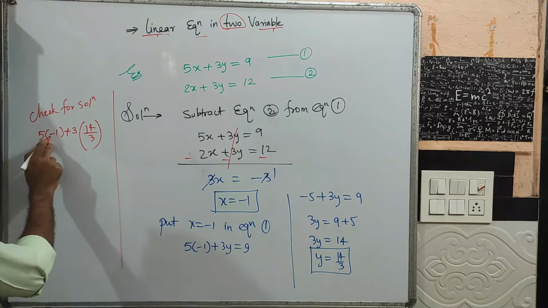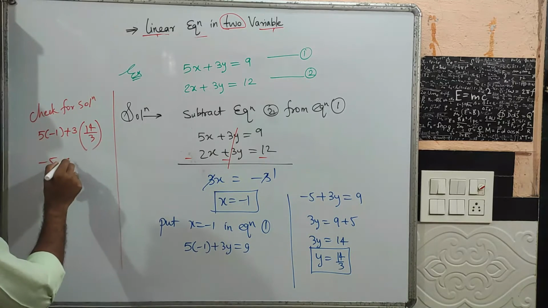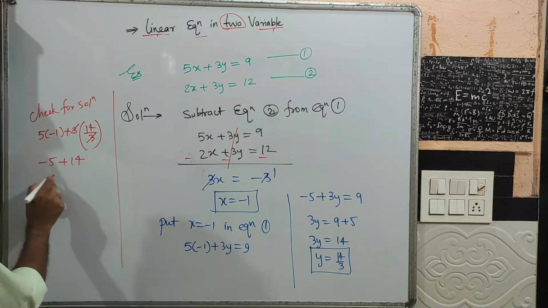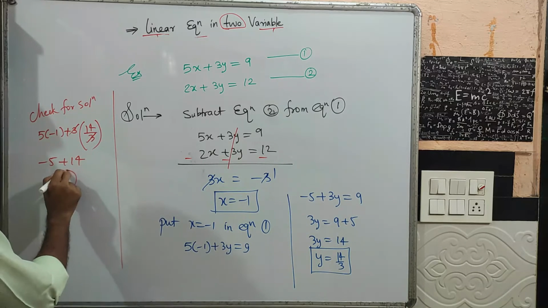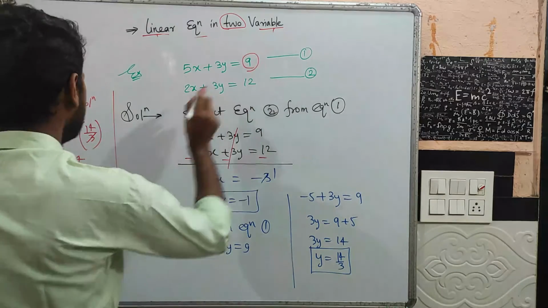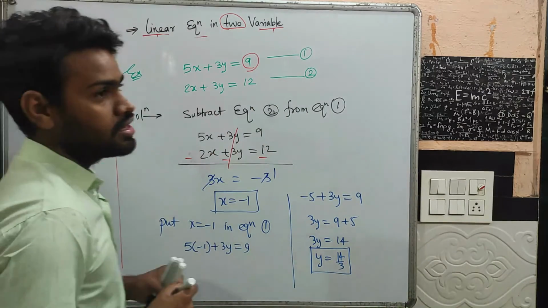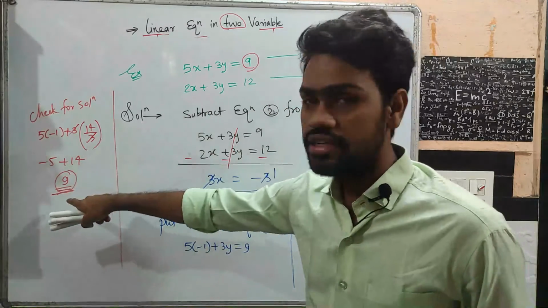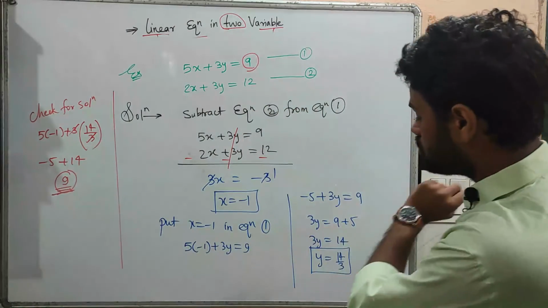That is minus 5 plus 14, as the 3 and 3 cancel out, and 14 minus 5 is 9. So yes, this is equal to the right hand side. Substituting the values on the left hand side gives the right hand side, so our given solution is correct.